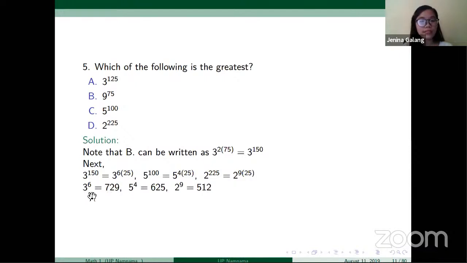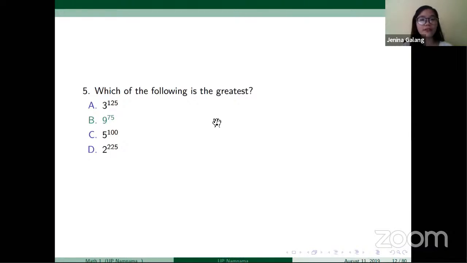So, since itong 3 raised to 6 is the greatest number among these numbers, then the answer is 3 raised to 150, which is 9 raised to 75. So, the answer is 9 raised to 75. Letter B.